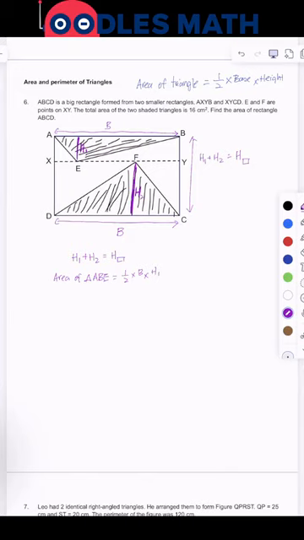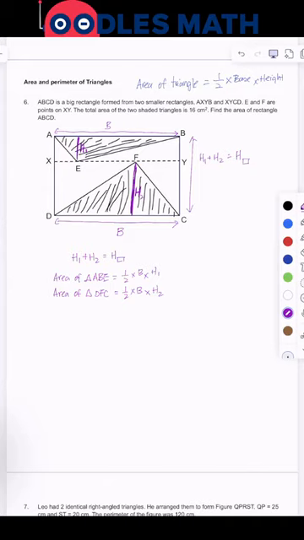Okay, and next, area of triangle DFC will be half times base. Now take note, I don't need to differentiate my base because they both have the same base. Alright, so we notice that the H1 and H2 we established earlier add up to become the height of the rectangle. So keep those thoughts in mind.